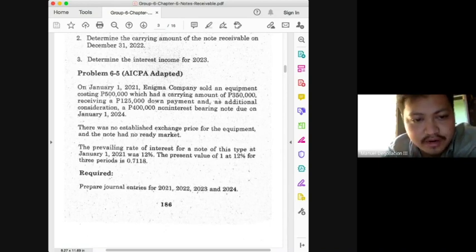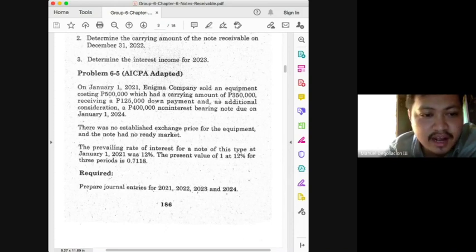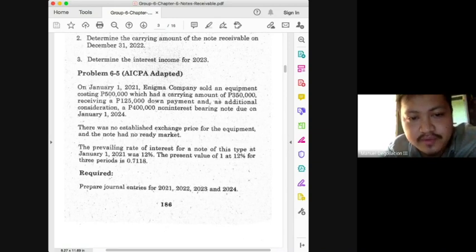So if we have already earned 34,166 out of the 115,280, after 1 year, the remaining unearned interest income would be 81,114. So you deduct the 81,114 from 400,000. The carrying amount of our notes receivable to be presented in the statement of financial position would be 318,886.